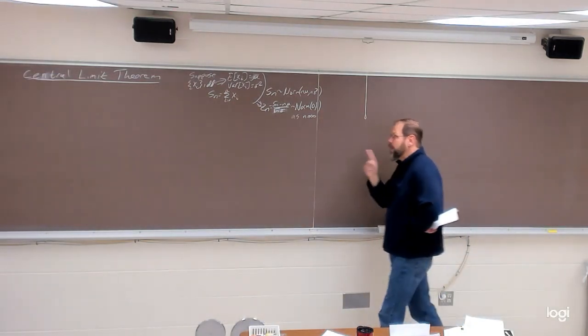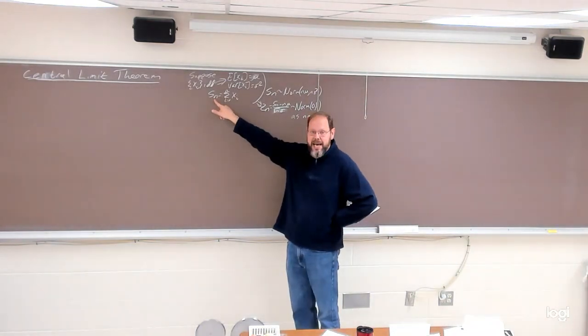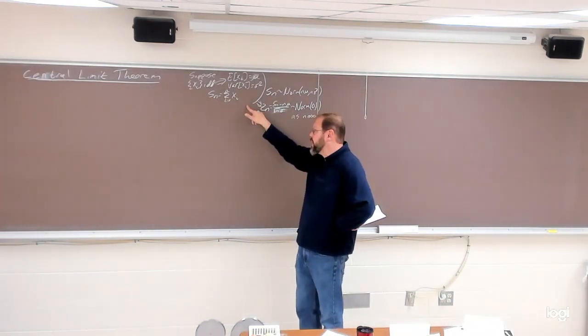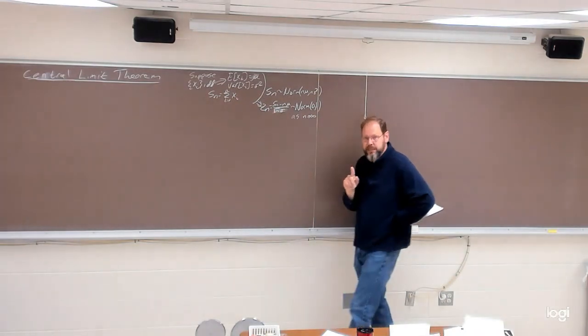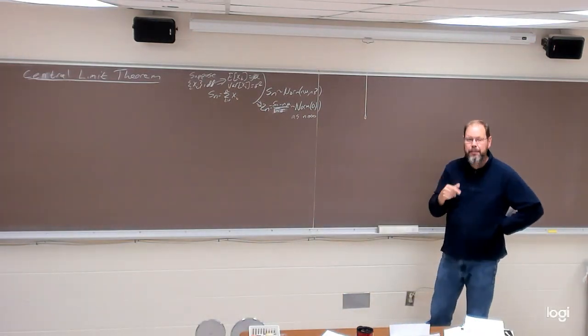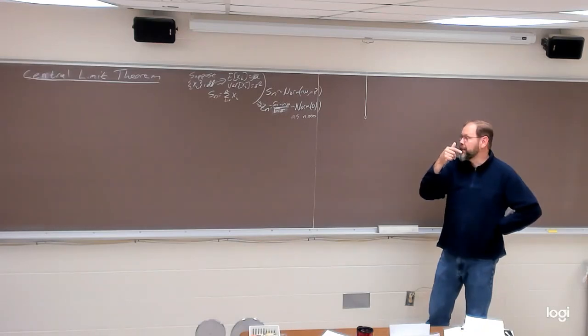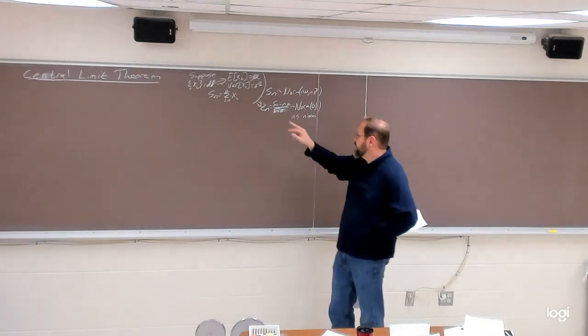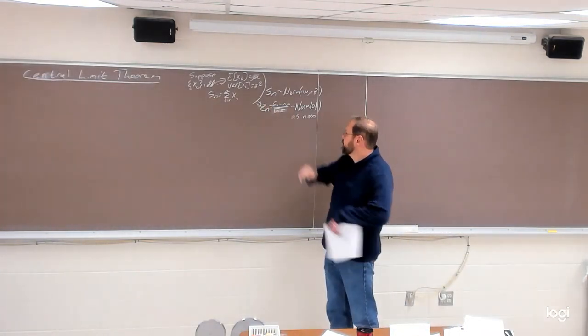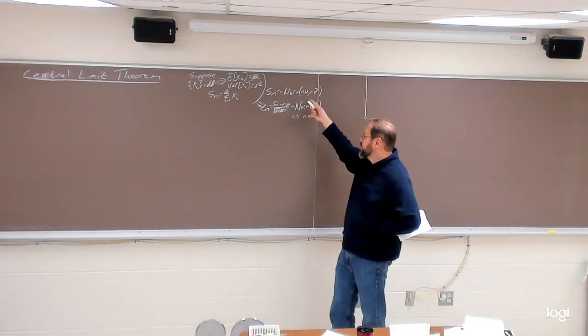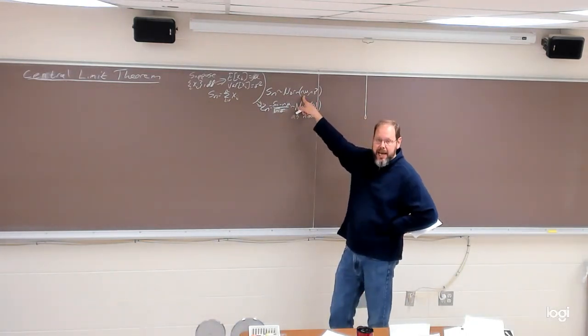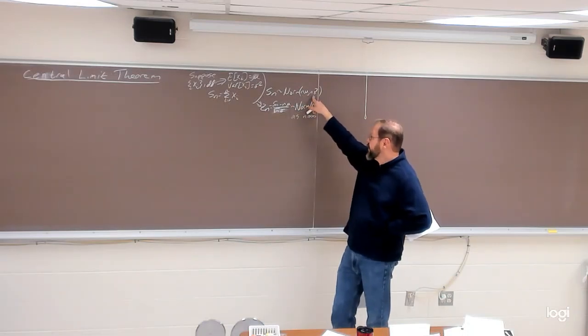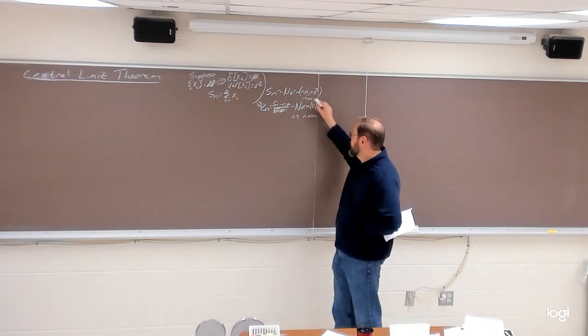Okay. So now we want to make a statement about S_n, which is the sum of n of those random variables. So I want to sum n independent and identically distributed random variables. And what the central limit theorem tells me is that S_n is approximately normally distributed with mean n times mu and variance n times sigma squared, at least as n approaches infinity.